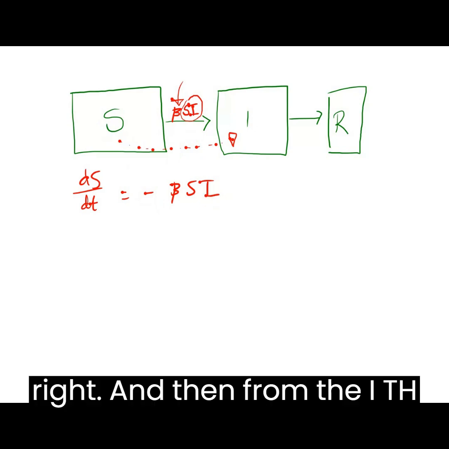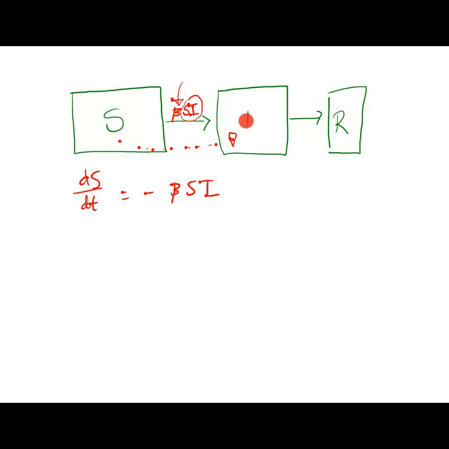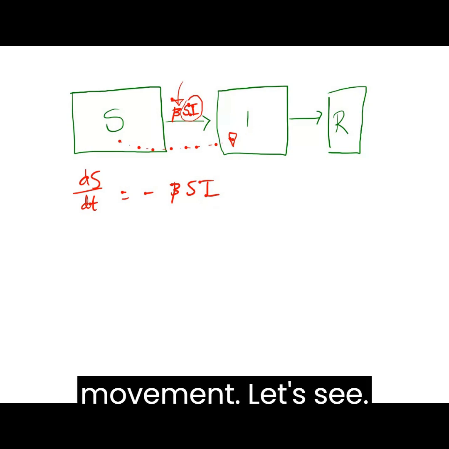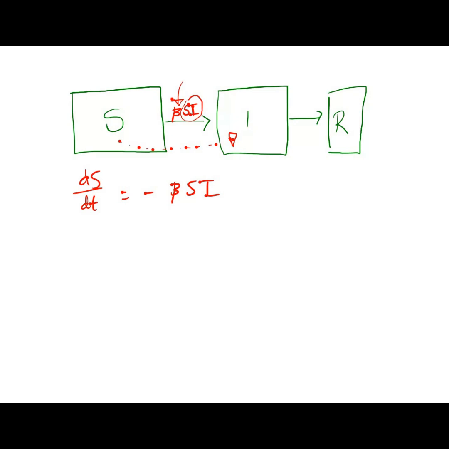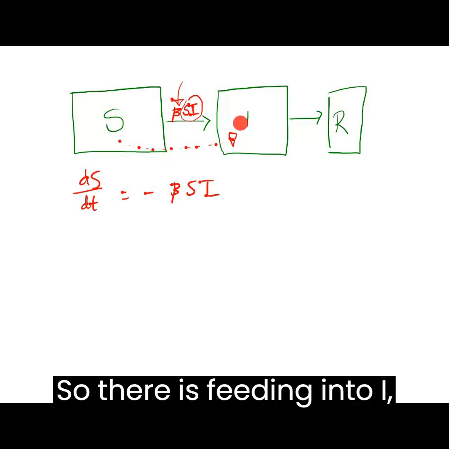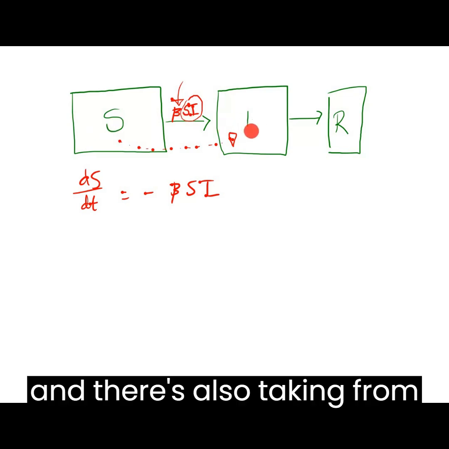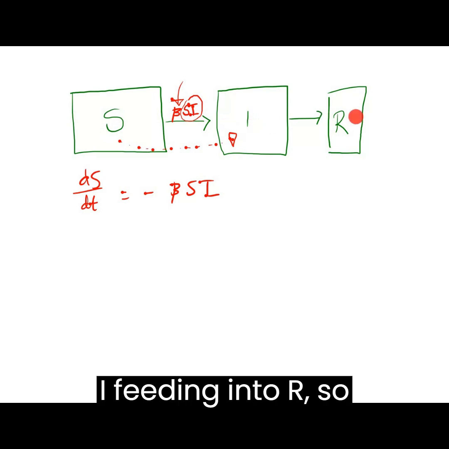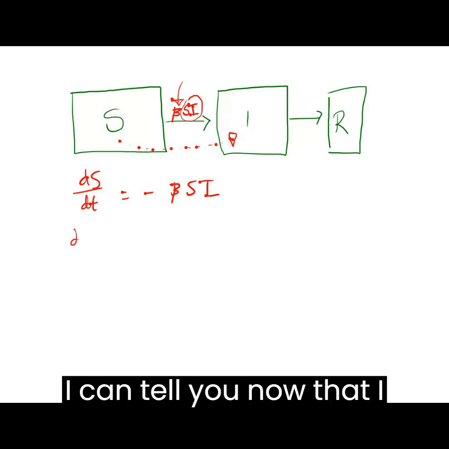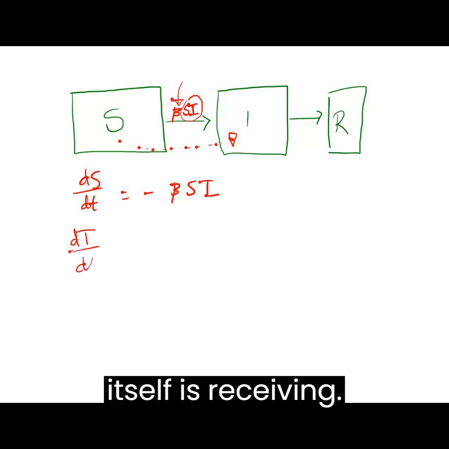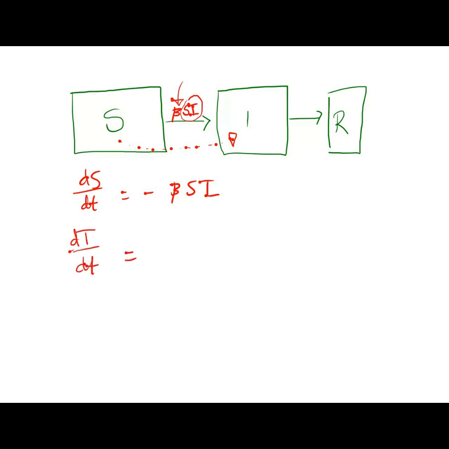All right. And then from the I compartment, there is a movement. So there is feeding into I, which is what we have got there, but taking from S. And there's also taking from I, feeding into R. So I can tell you now that I itself is receiving, but it's also losing.